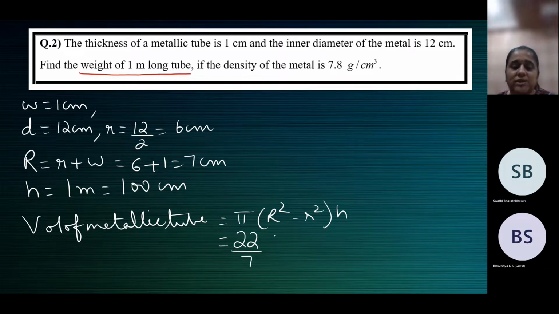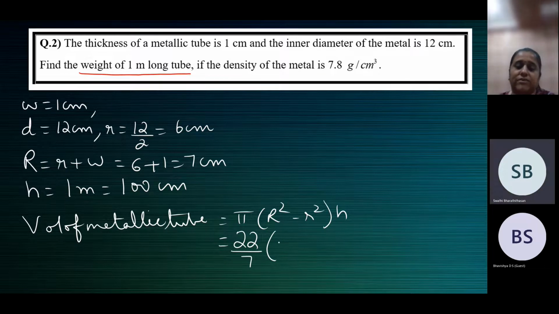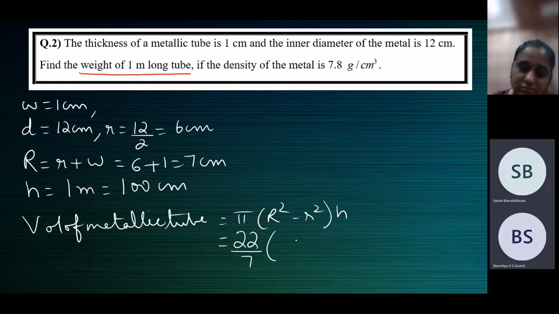So 22 by 7 into what is R square? Ma'am, that's like pi capital R square H minus pi small r square H. I told that we can use the distributive property to shorten it.